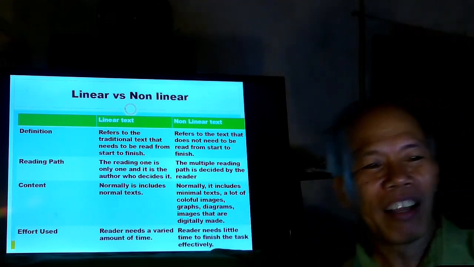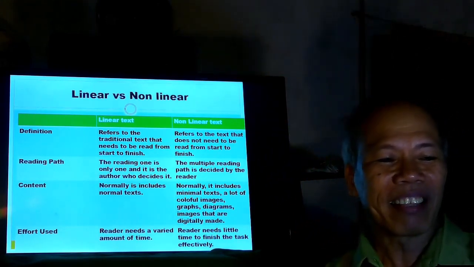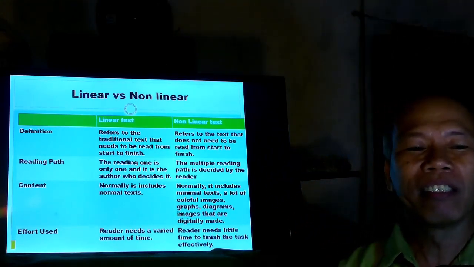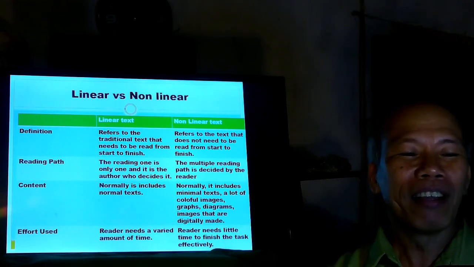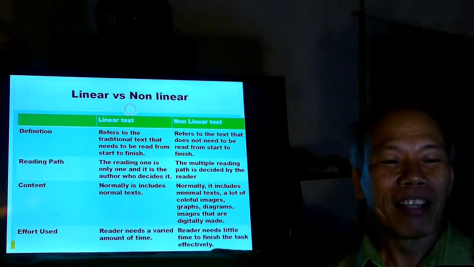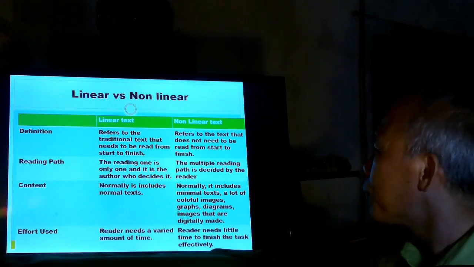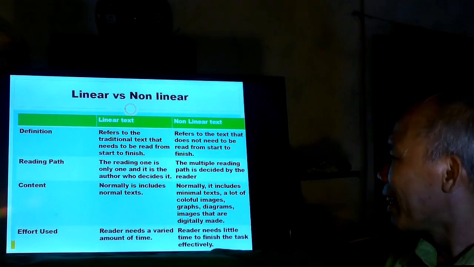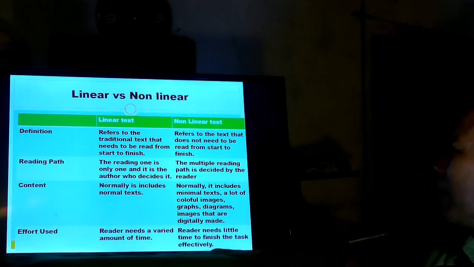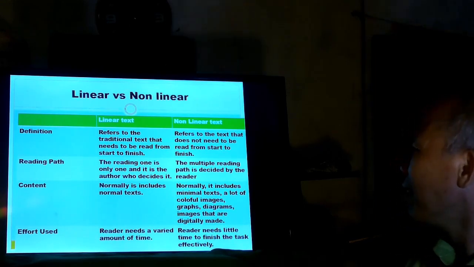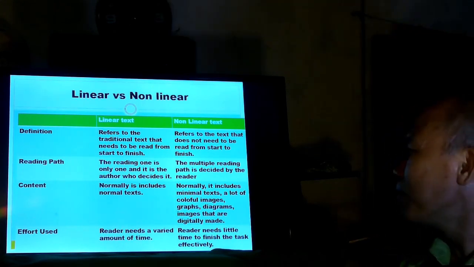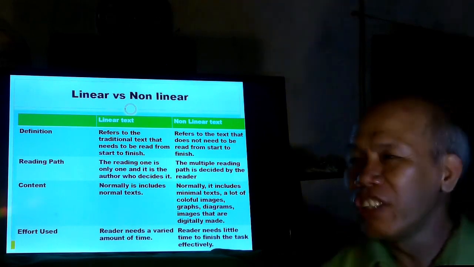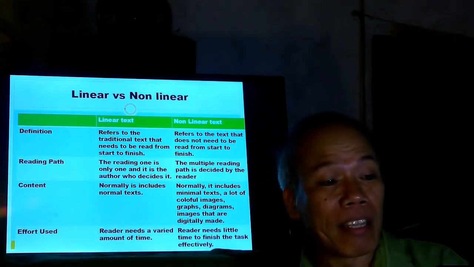Considering linear and nonlinear texts in their content, the linear text normally includes normal texts, while the nonlinear text includes minimal texts, a lot of colorful images, graphs, diagrams, and images that are digitally made.